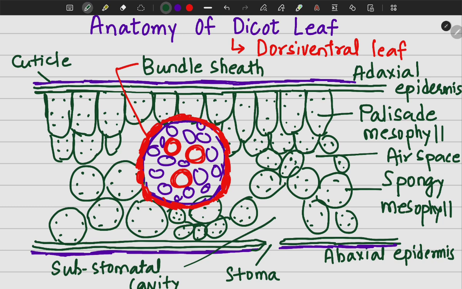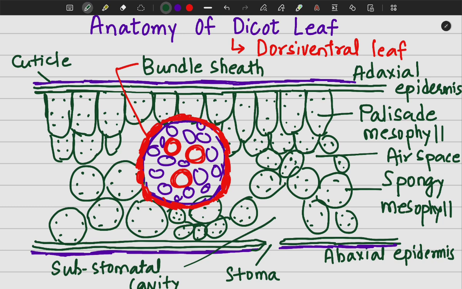Both surfaces of the epidermis will have a continuous layer of cuticle to prevent water loss. The upper surface of the epidermis may or may not have stomata, but the abaxial epidermis usually has stomata through which the gaseous exchange takes place.